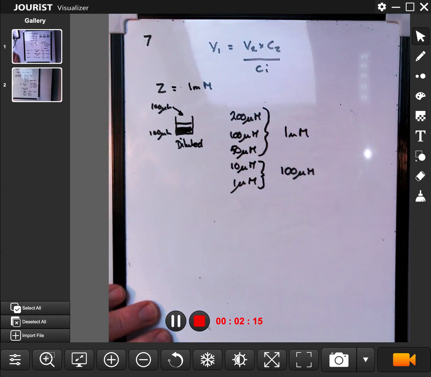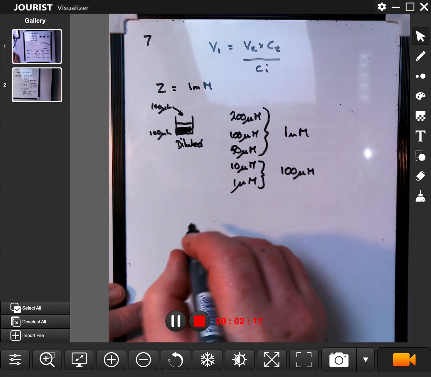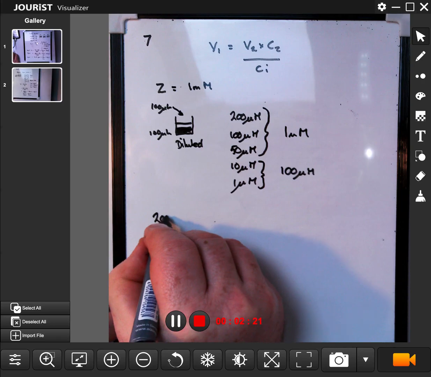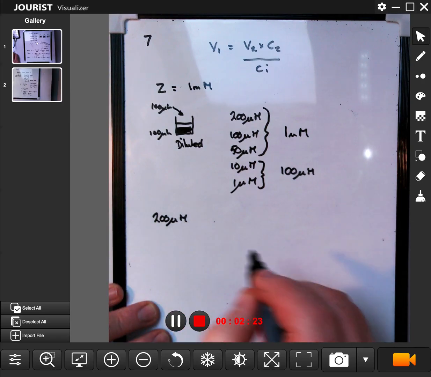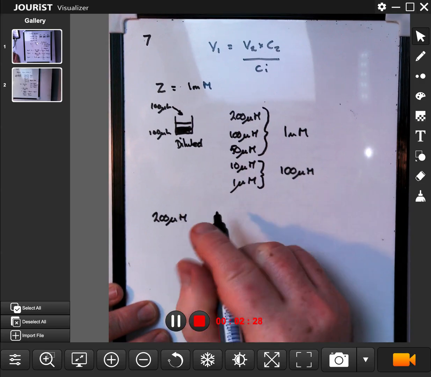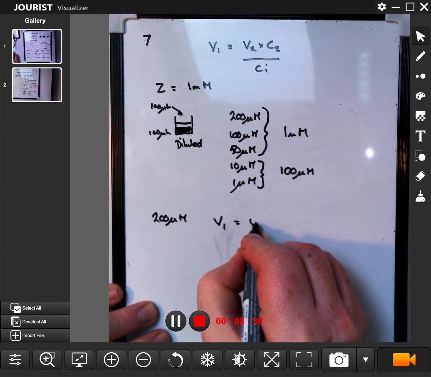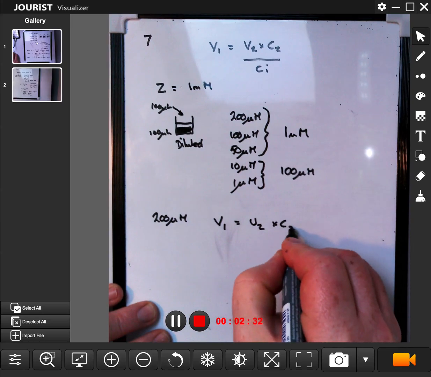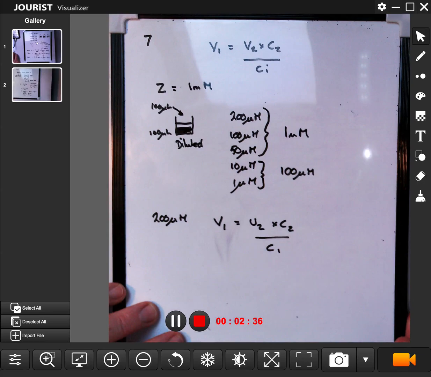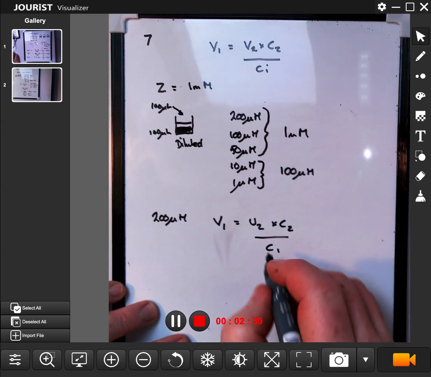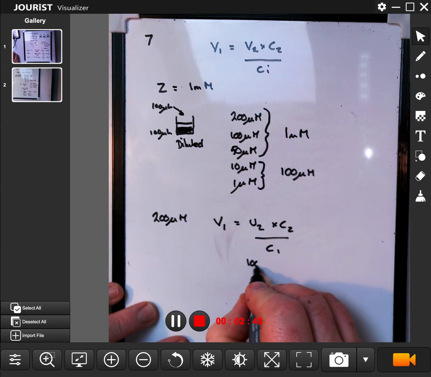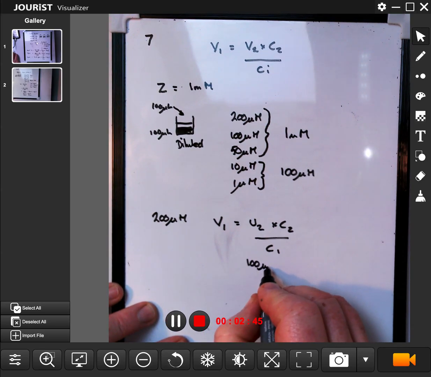Okay, so let's run through our equations. The first one we're going to do is 200 micromoles. Okay, so let's put our equation: V1 equals V2 times C2 over C1. The volume of our desired solution is going to be 100 microliters.